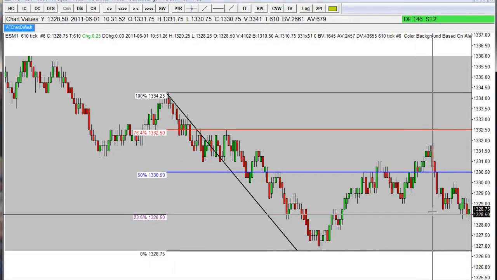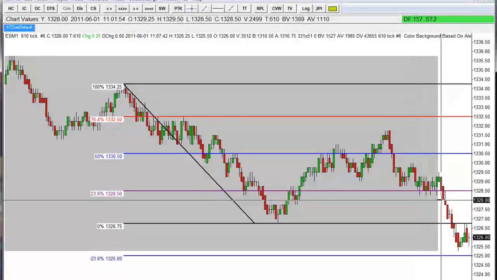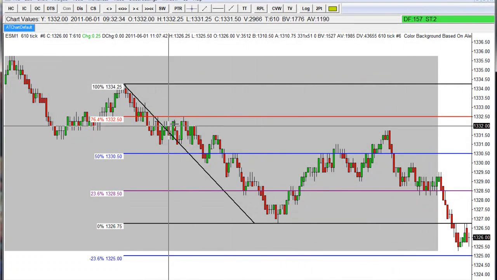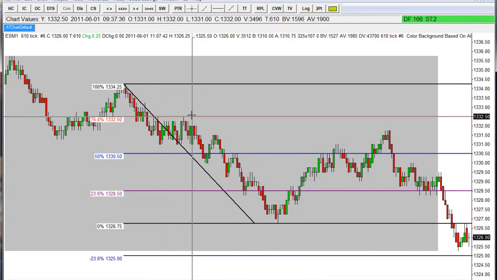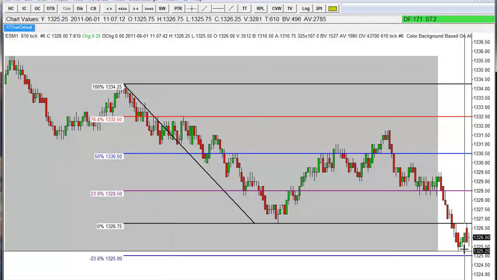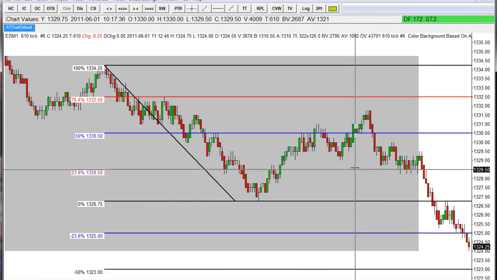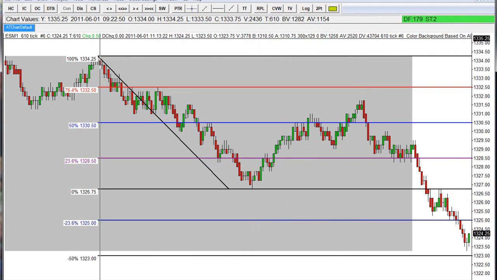So even though, as you can see, it would have worked out, still I would not have taken this trade, because the distance between my entry point and where my stop would have been is greater than 8 ticks. And that's how I would have traded this had I moved my fib.